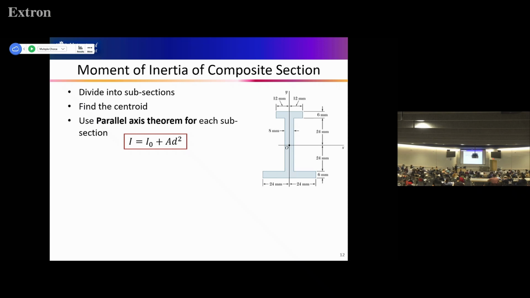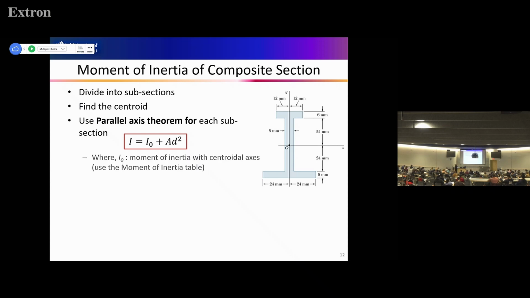The distance between the centroid and the reference axis you are calculating moment of inertia with. So I can use a different axis than the centroidal axis. If we use the centroidal axis to calculate, then these two must be the same, right? And if they are different, then we need to add A times d squared.